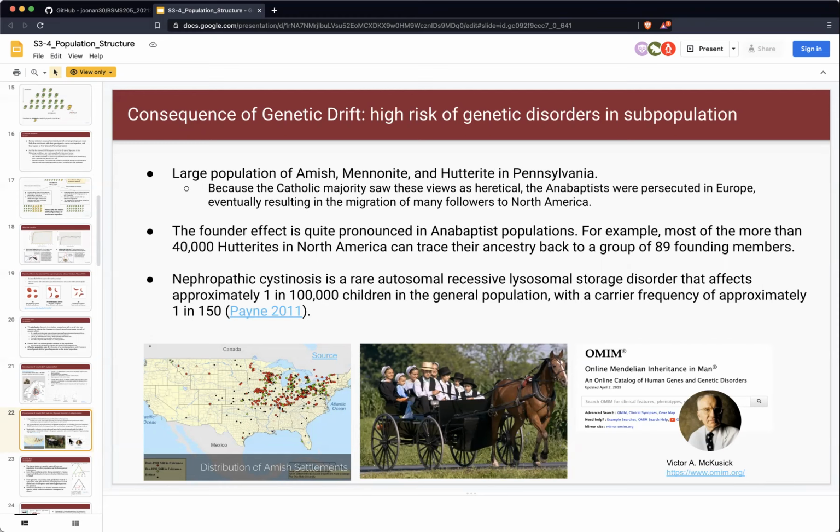Anabaptists include the Amish, Mennonites, and others. They were normally in Central Europe, but because of religious issues in the 18th and 19th centuries, they migrated from Europe to North America, and that was a big deal in European countries.